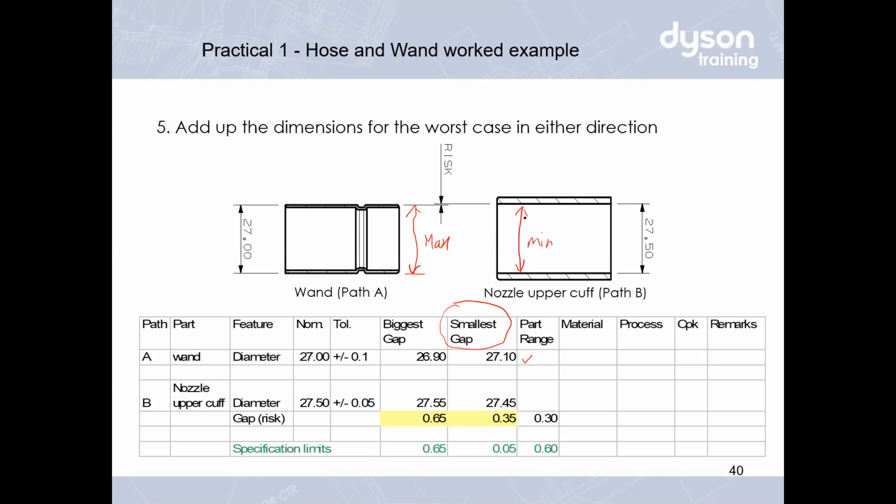And part B minimum is at the lower spec, 27.5 minus 0.05, so it's 27.45. So we get the minimum gap of 0.35.